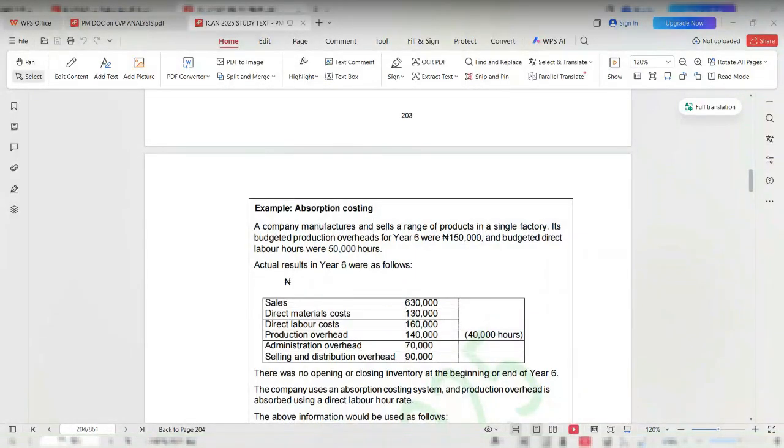Then we have direct material, 130,000. Then direct labor, 160,000.